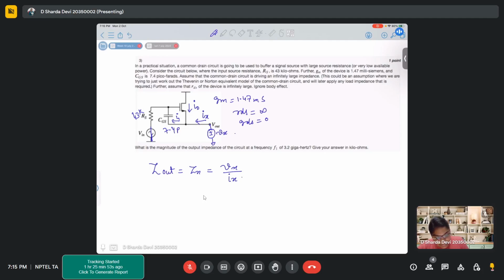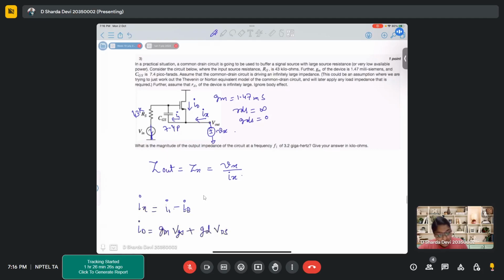So if we write KCL, how will the KCL look? Ix is I1 minus ID, correct? Ix is I1 minus ID, right? ID we know is GM VGS plus GD VDS.